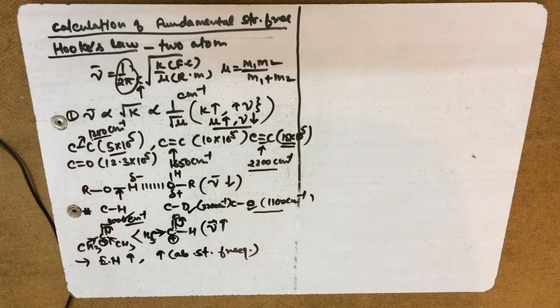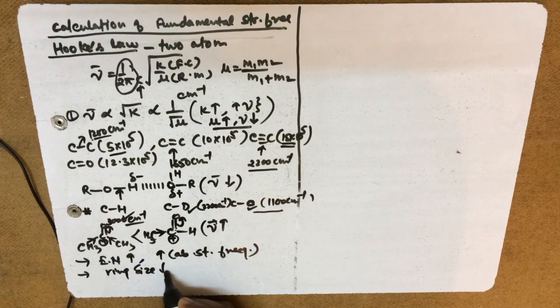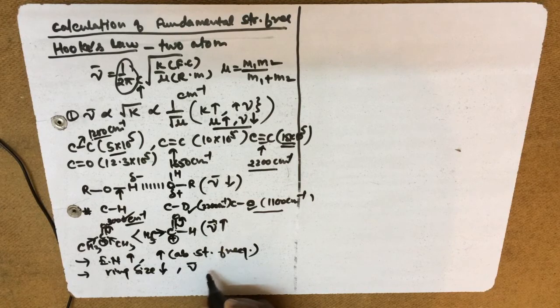Okay, so there are many bonds, a lot of bonds. Ring size also affects. If ring size decreases, then stretching frequency will increase, due to the increase in S character. There are several points.